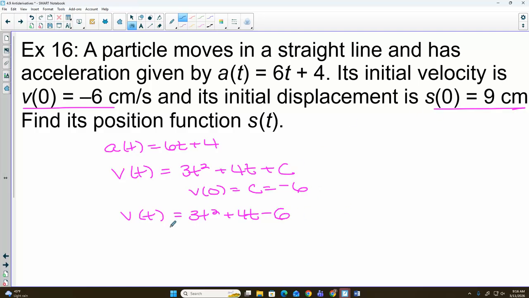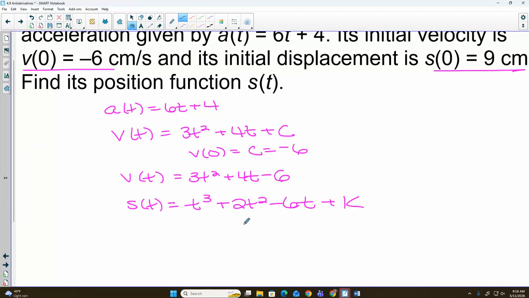All right, and then we need position. So that would be t cubed plus 2t squared minus 6t plus a new constant. And it tells me if I put in a 0, that would just give me k, and that equals 9.